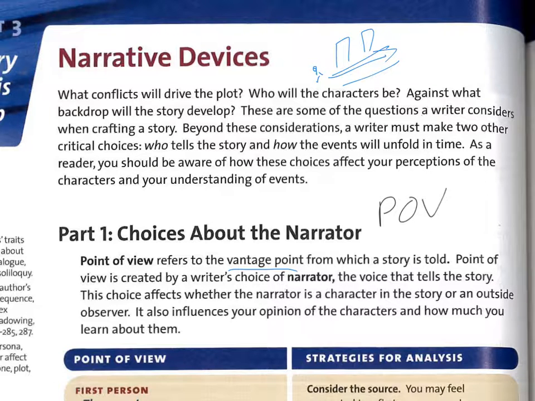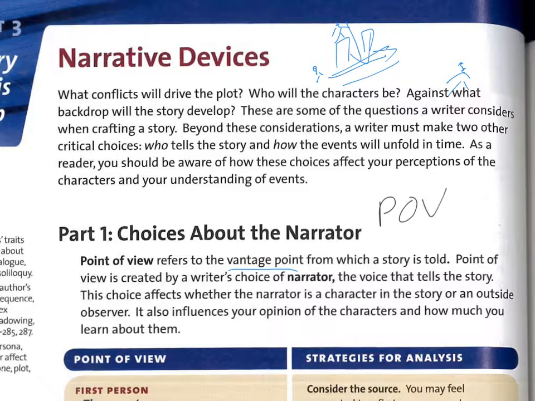Well, how would the story be different if your vantage point were over here? Or how would the story be different if your vantage point was up on the very top of a building looking down? Vantage point refers to your position from which you see everything. How you see everything is your vantage point. Okay?